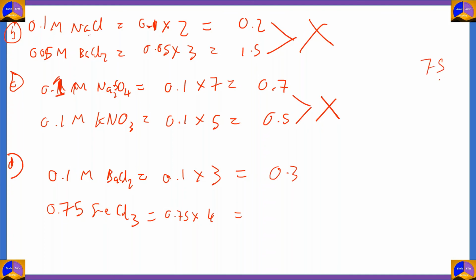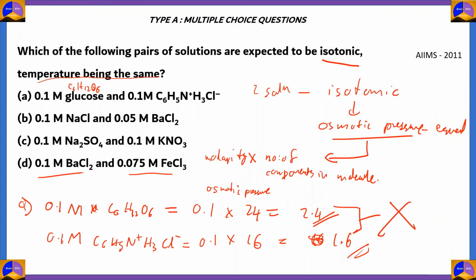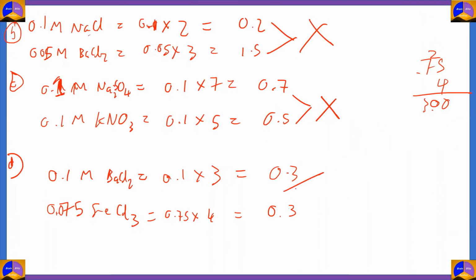And 75 times 4, 27 4s 28 plus 2 30, so that's 300. So 0.075 will give you 0.3. Let's check that. So 0.075 FeCl3 and 0.1 molar BaCl2 have the same value of osmotic pressure, 0.3. So that means option D is the right answer.